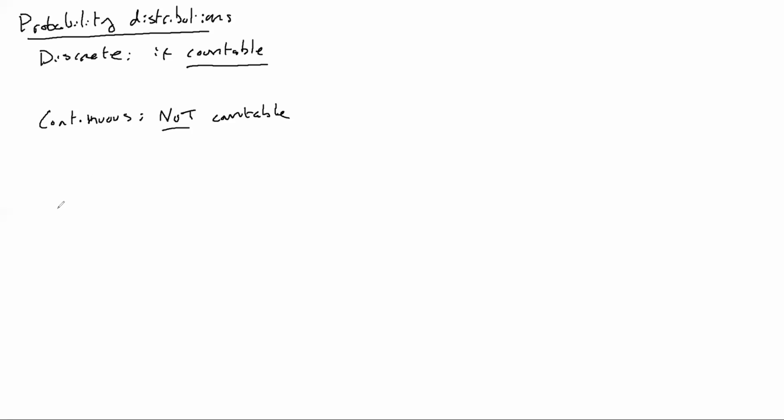So every random variable, whether it's discrete or continuous, is associated with a probability distribution that describes the variable completely.